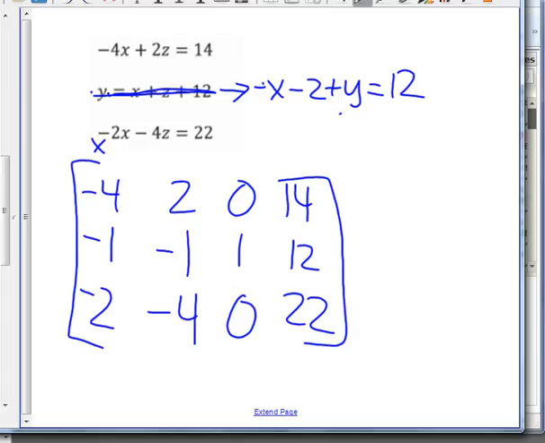Now type this into your calculator, and I want to know what you get for solutions. And if you're still confused, this is the time to raise your hand so I can help you figure out how to do it.